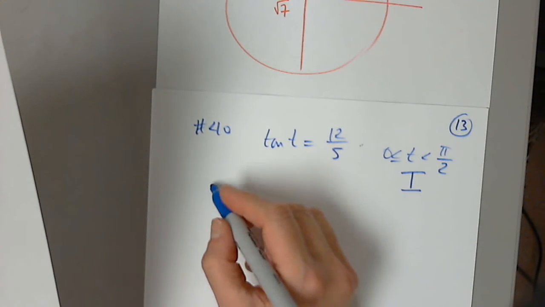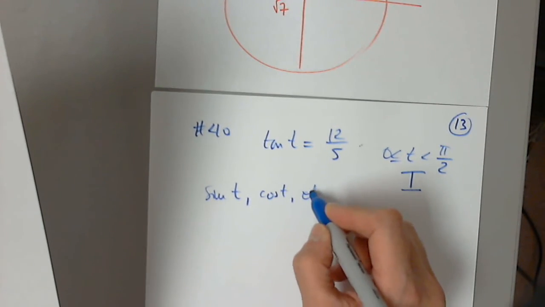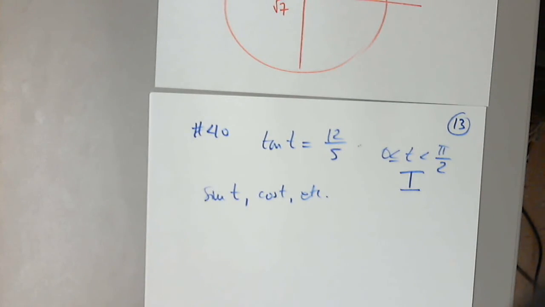We're asked to find the other trig functions, sine t, cosine t, etc. You can create that triangle with the two legs, 12 and 5, in the first quadrant, which is fine because all trig functions will be positive. Would you like to go that route? The other option, the one that I prefer, is to use tangent squared plus 1 equals secant squared. But you can say no, I want to use the previous method. It's up to you.